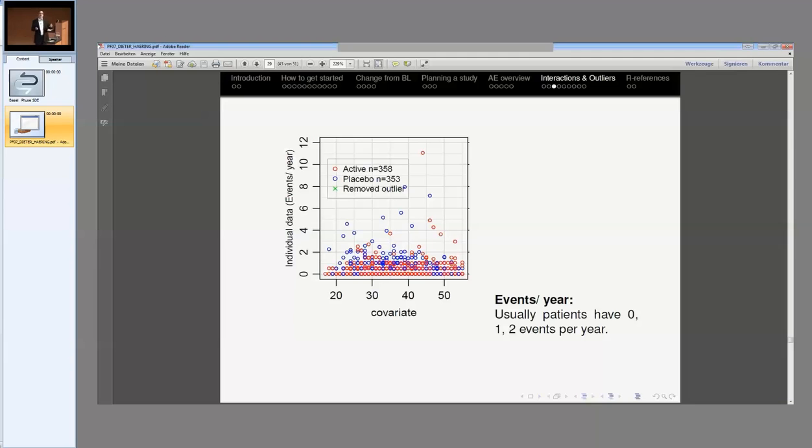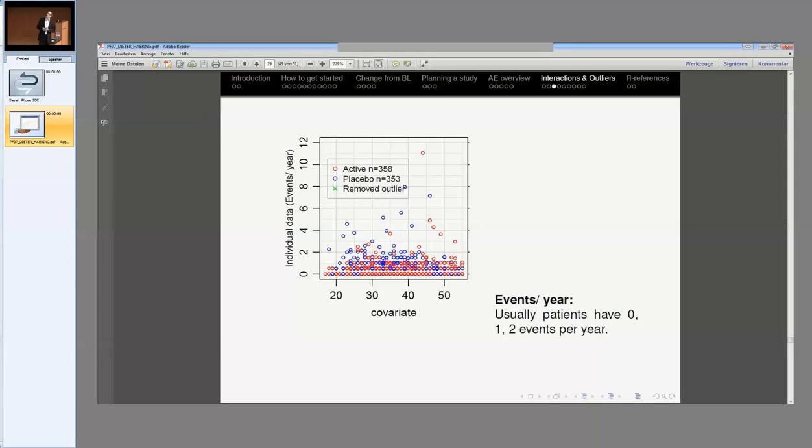It's very unusual for someone to have 4 events within a year, and it's almost impossible to have 11 or 12 events. And you see these dots up here where you have actually high values. For most patients, you can also see they're kind of aligned at the bottom in these rows, and that's because it was a 2-year study. So if they had 1 or 2 events, you see all of them kind of aligned in a row. But there aren't these top values here.